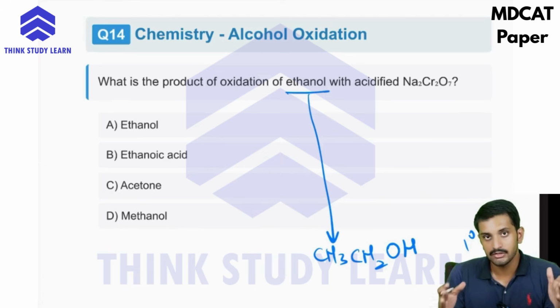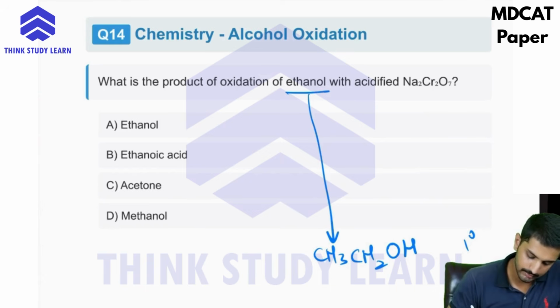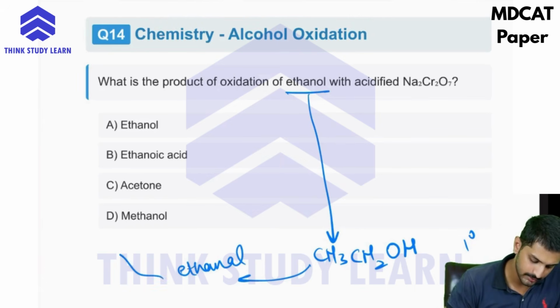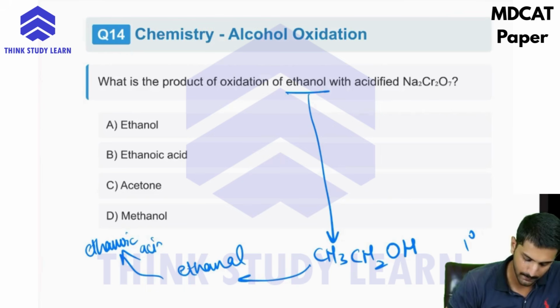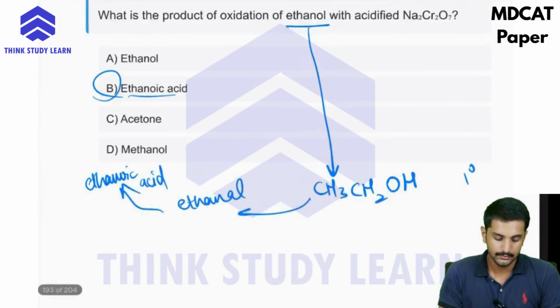And when it is oxidized with acidified sodium dichromate, it basically undergoes two stages of oxidation. First, it becomes ethanal, which is an aldehyde, and then it becomes ethanoic acid. So it has to be B, ethanoic acid. Moving on to the next question.